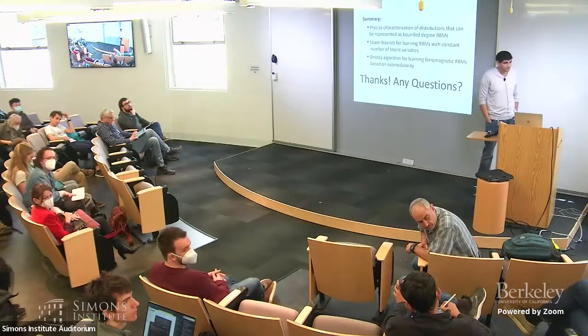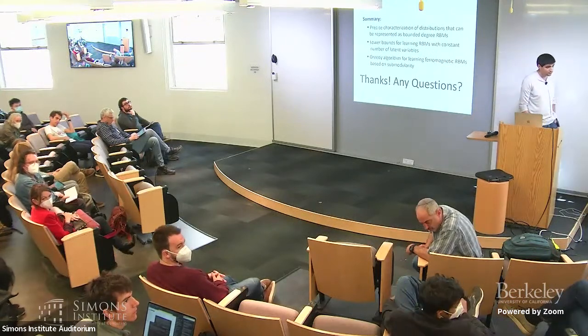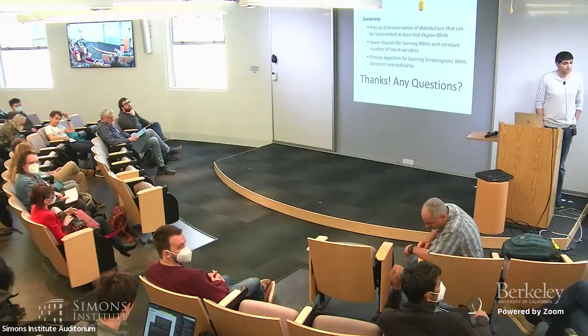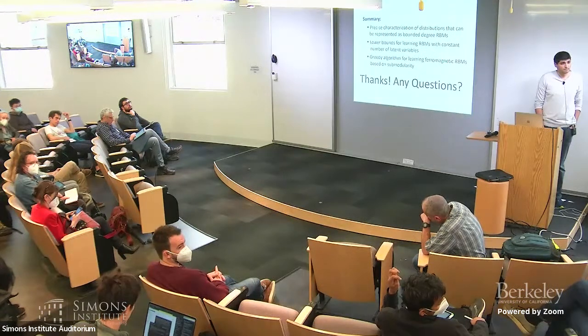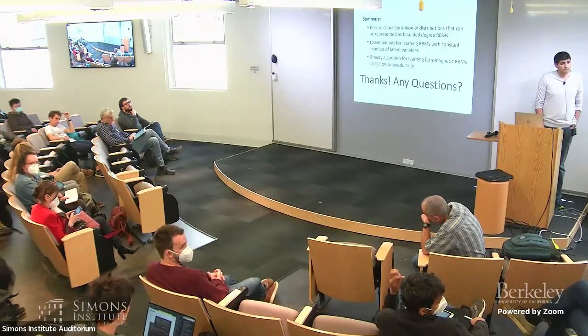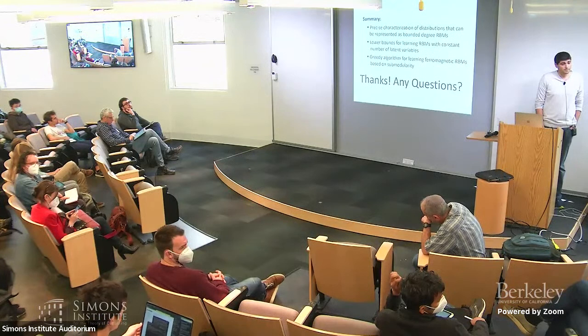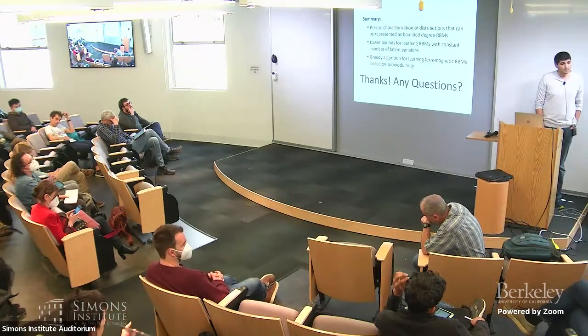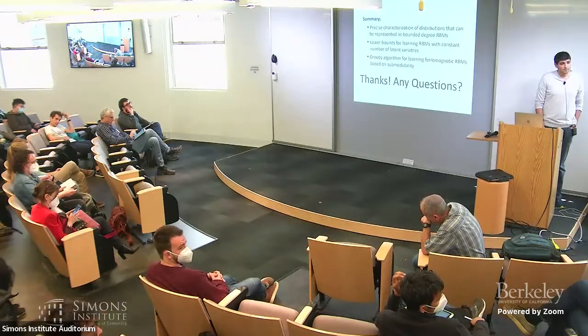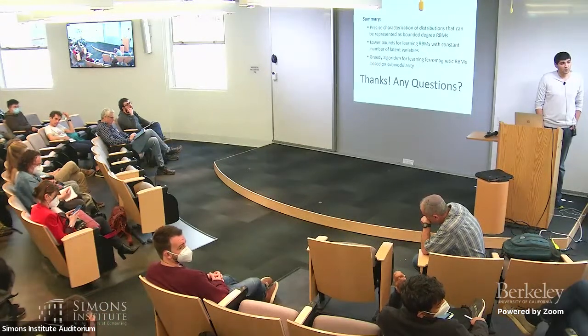Yeah, thanks for the talk. I was wondering if you could comment at all on the relationship between the approach you're taking and the statistical literature on learning Markov random fields. A lot of that has historically focused on continuous random variables like Gaussians, but there are also versions in your more binary space.